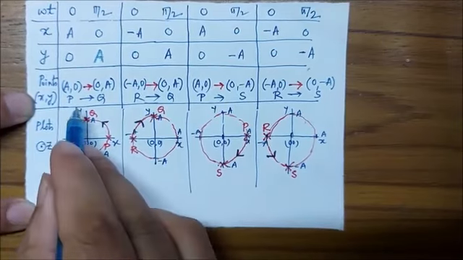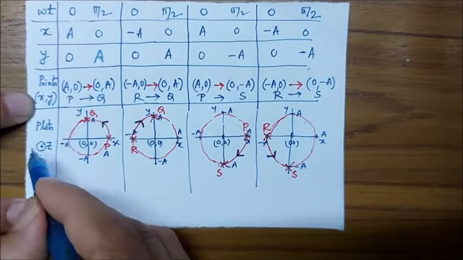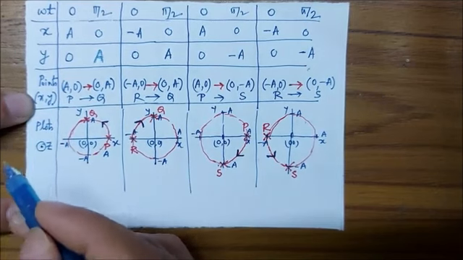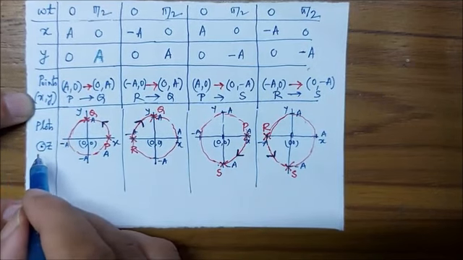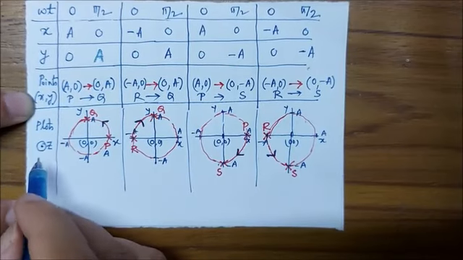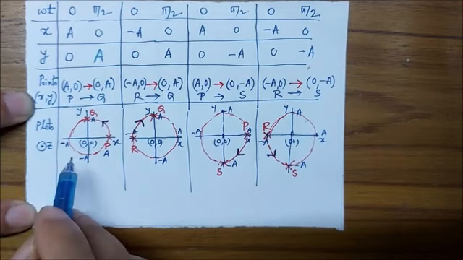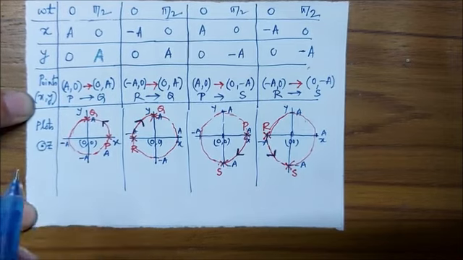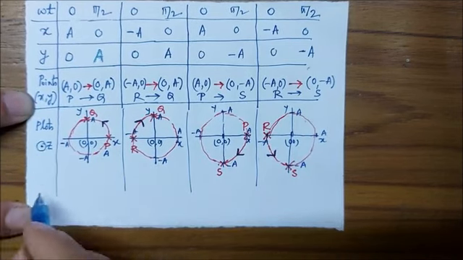This is x, this is y, and this is z. That is, the z-axis is from the bottom to the top, that is towards the reader, for it to be a right-handed coordinate system. So if viewing is along minus z, that is when we are looking from the top towards the origin, then what we see is as follows.